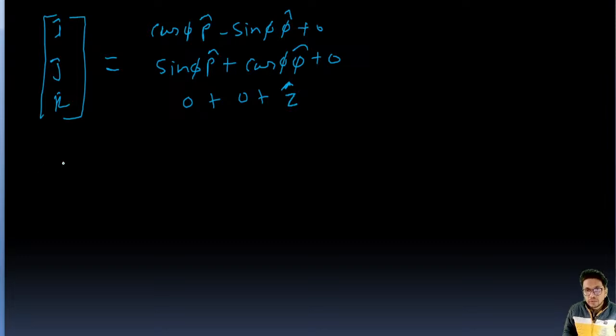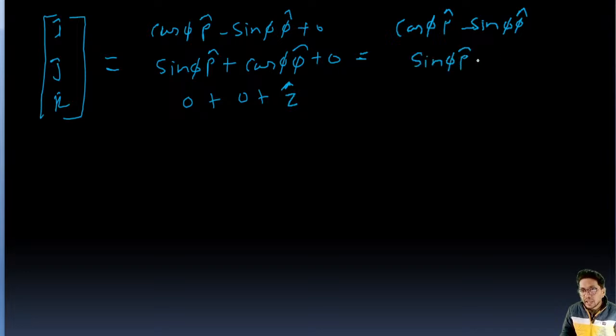So this is going to be equal to cos phi rho cap minus sin phi phi cap, sin phi rho cap plus cos phi phi cap, and z cap.